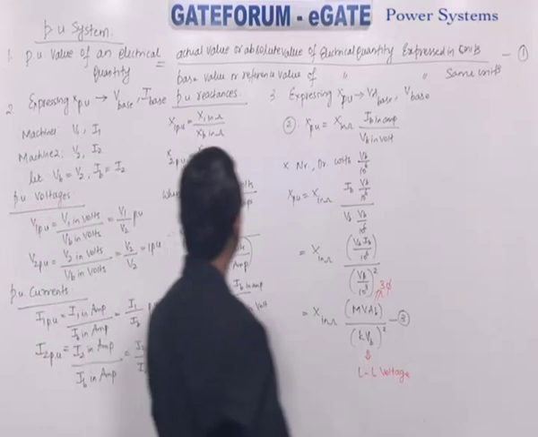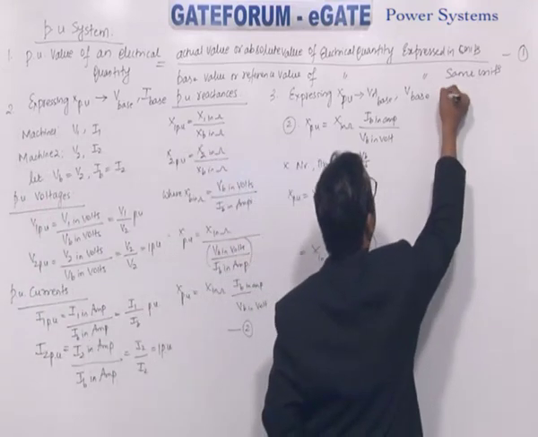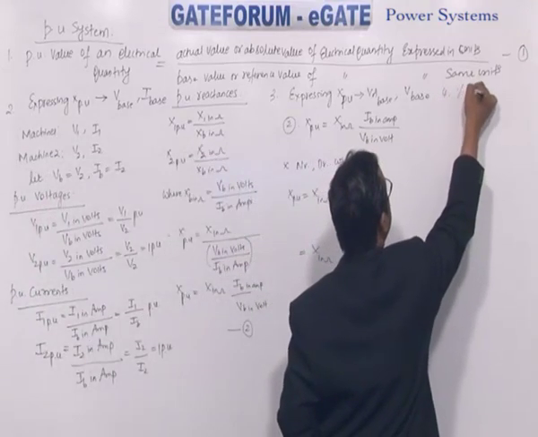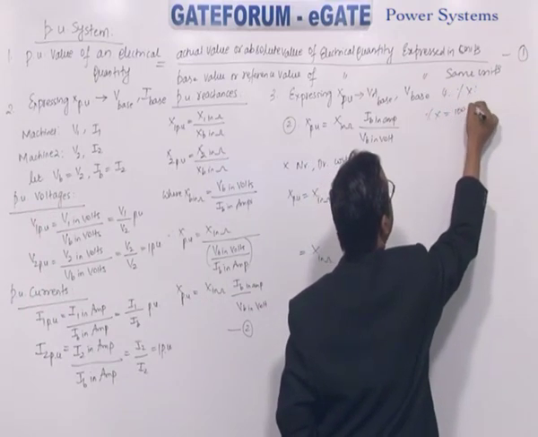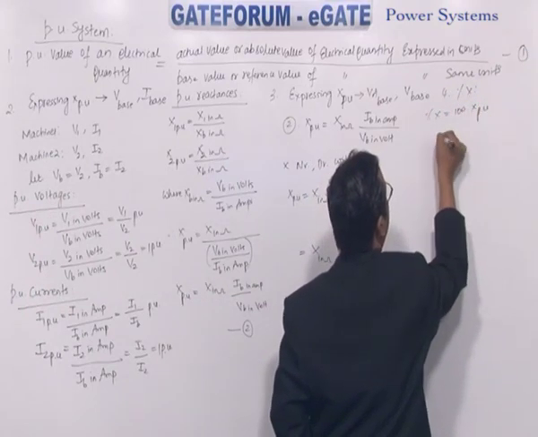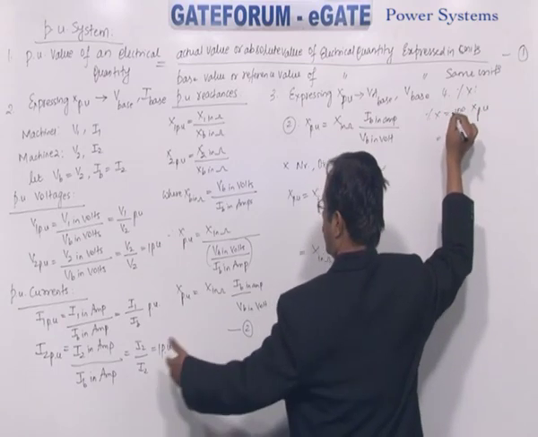Now once you know this per unit reactance, how to find the percentage reactance? Percentage reactance is 100 into per unit. So how to write per unit?